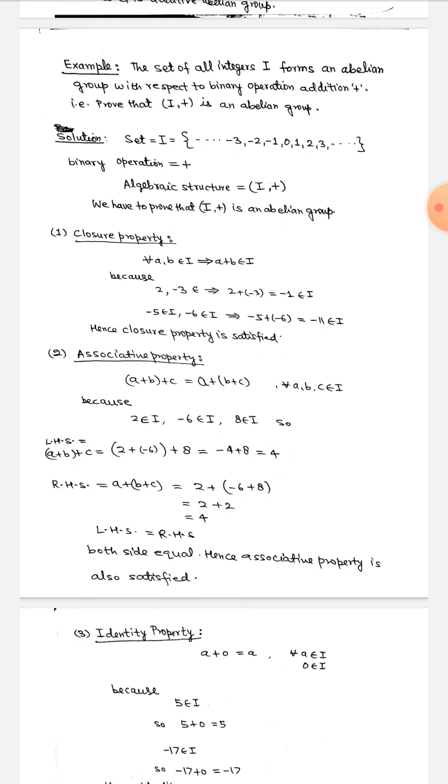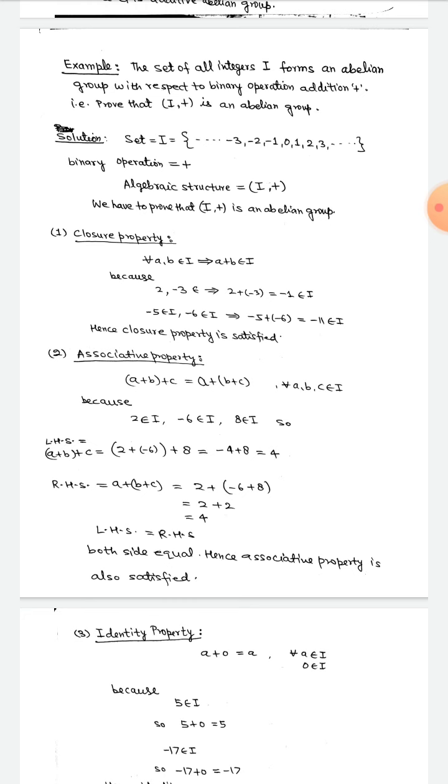So students, remember, the definition of integers is not minus 3, minus 2, minus 1, 0, 1, 2, 3. No. The definition is, if we use the subtraction property in the set of natural numbers, we have the set of integers, and the set of integers is {..., minus 3, minus 2, minus 1, 0, 1, 2, 3, ...}. Now we have to prove that this set of integers is an abelian group.